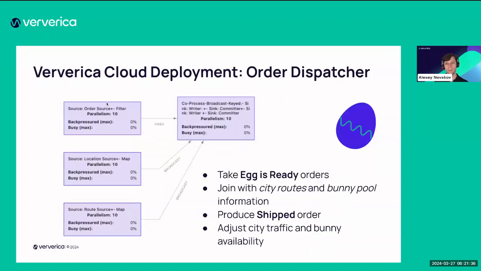There is a second most important Flink job, which is called order dispatcher. So it has maybe a more complex job graph. Yeah, it has 3 topics, 3 inputs. So besides the orders, it also takes data constantly about the bunny locations and the routes. So you can see here 3 inputs to the process function.